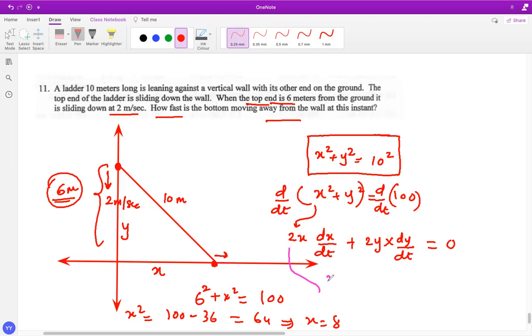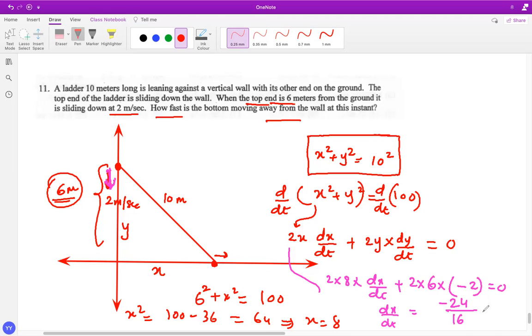It is going to be 2 times 8 times dx by dt, plus 2 times y, where y is 6 meters. Since it is coming down, you write this as negative, so negative 2 meters per second is dy by dt, and equate to 0. So dx by dt from here we get is negative 12, so 6 fours are negative 24 over 16.